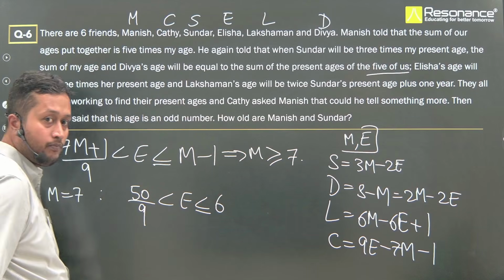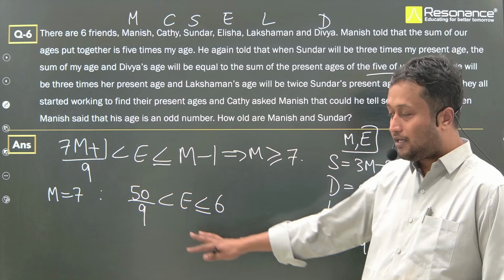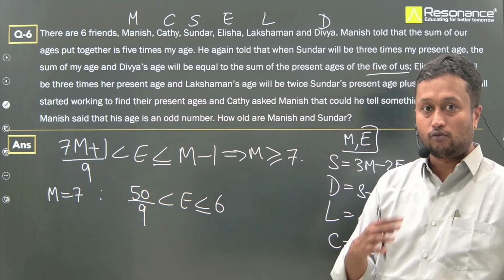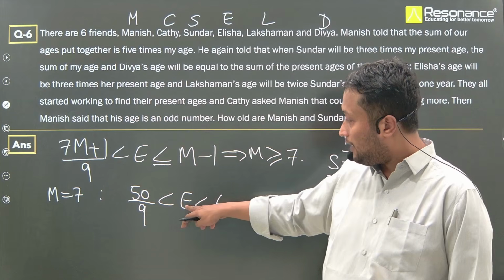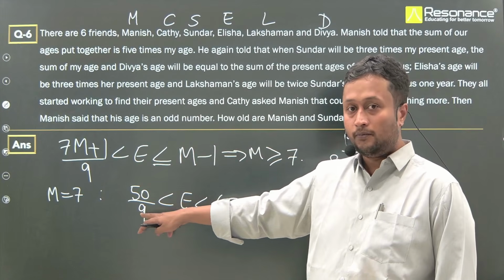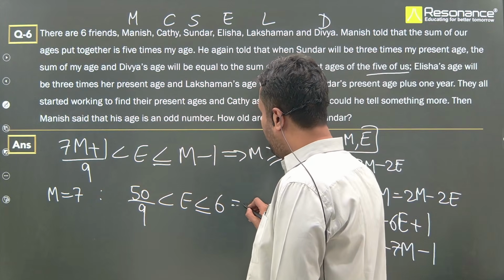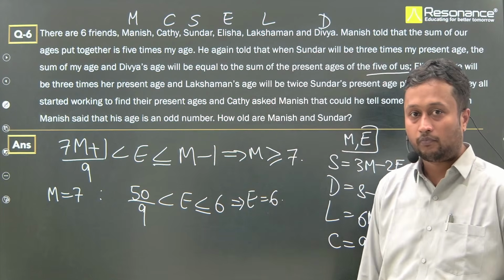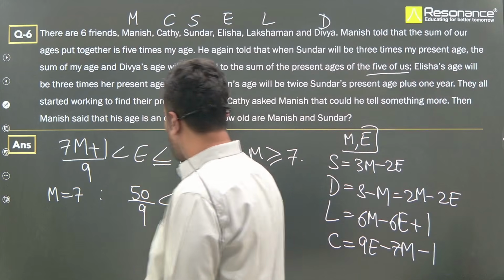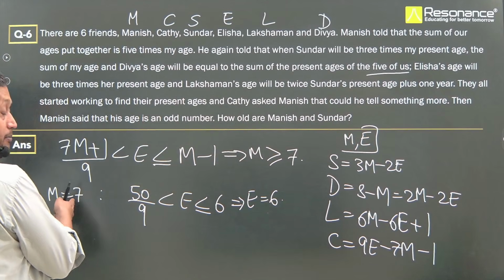It is not 4, it's 5 point something, since 45 is divisible. So 5 point whatever. But this number E, an integer, has to be greater than 5 and less than or equal to 6. That pins down E to be only 6. So that's E. It has to be 6 if M is 7.